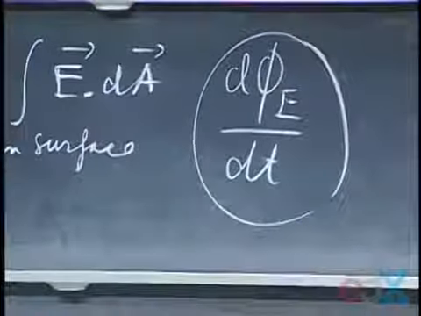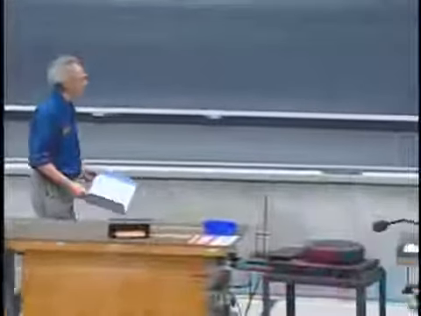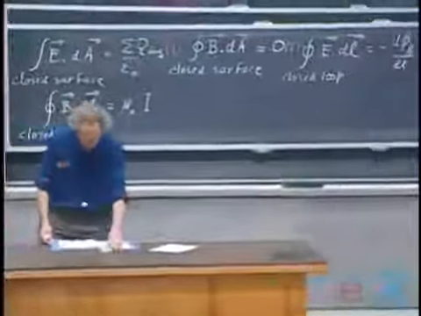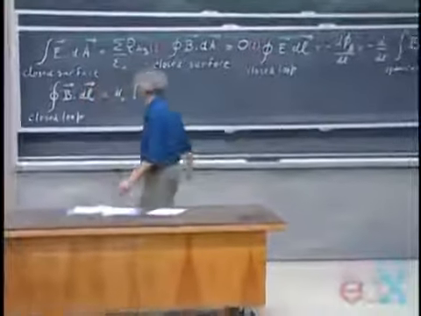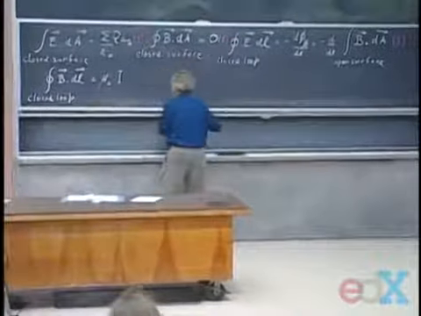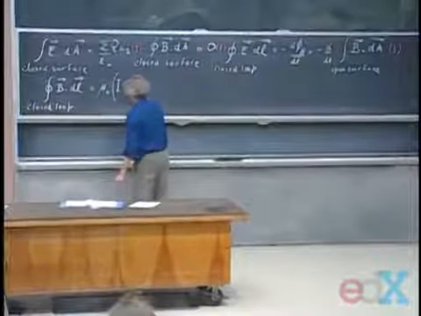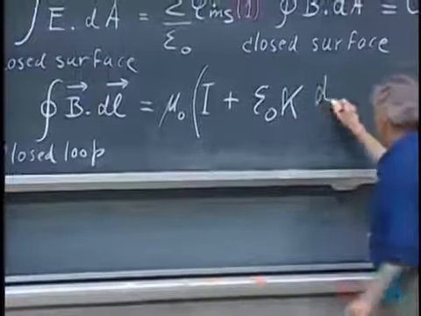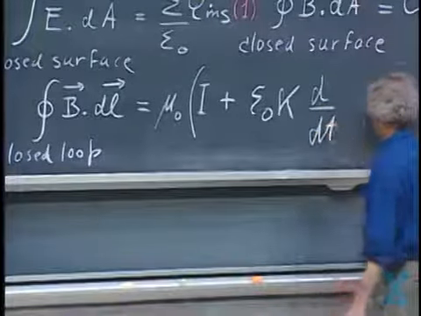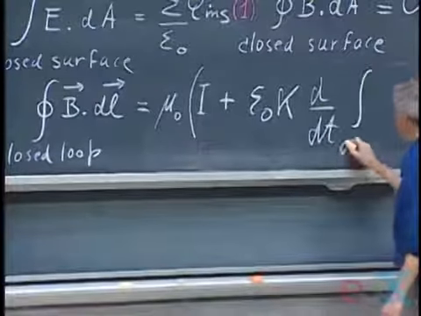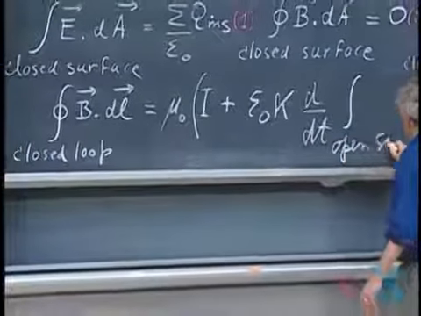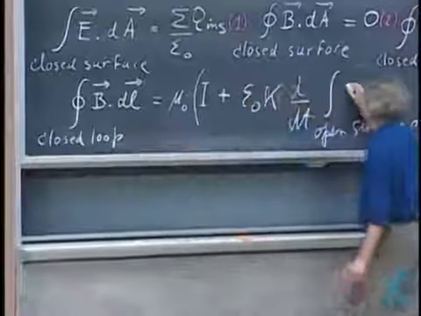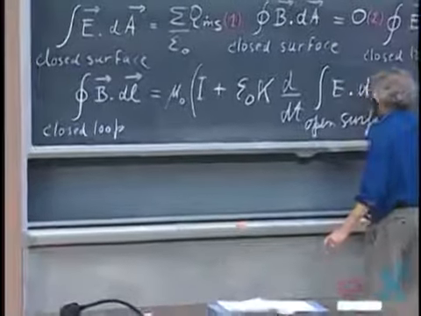And that's what I'm going to do now, walking over to Ampere's law. I'm going to amend it in a way that Maxwell suggested. He adds a term here, epsilon 0 kappa, d/dt of the integral over an open surface attached to that closed loop of E dot dA.